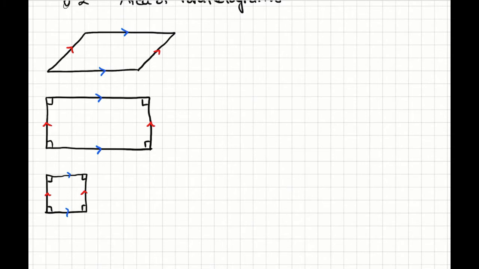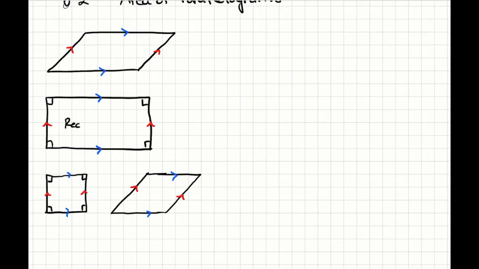Okay, and then a rhombus, which is a slanted square, okay, a rhombus is also a parallelogram because it also has two sets of parallel sides. So we have all sorts of parallelograms here.